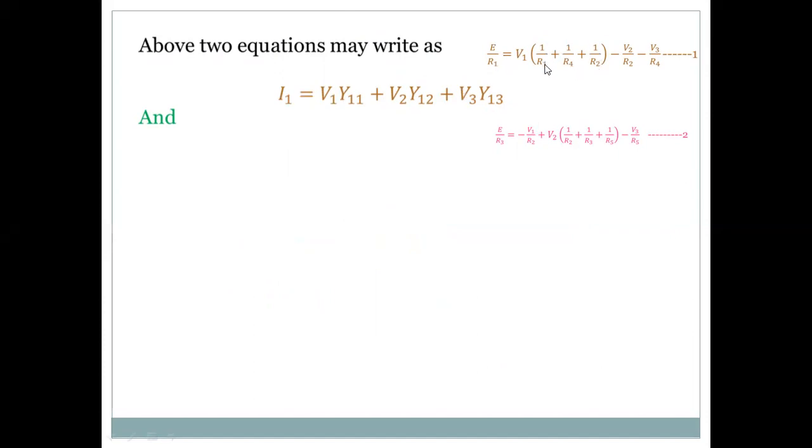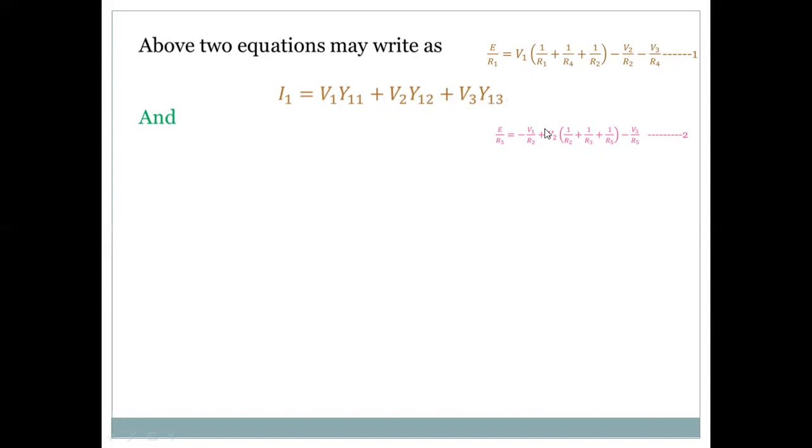We know 1 by R, the reciprocal of resistance, is called admittance. So this 1 by R1 plus 1 by R4 plus 1 by R2 is replaced by Y11, called the admittance of node 1, plus V2 into minus 1 by R2, replaced by Y12, and V3 into minus 1 by R4, replaced by Y13.